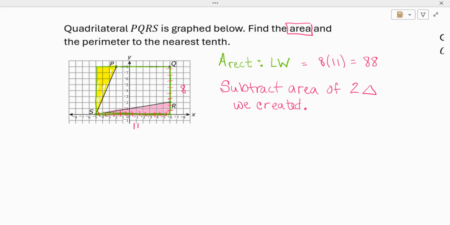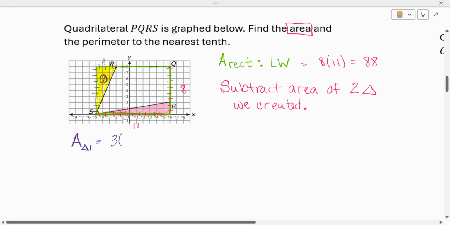So let's figure out the area of the first triangle. So I'm going to say area of triangle number 1, and I'm going to call this triangle number 1. Well, the area of a triangle is the base, 1, 2, 3, times the height, 1, 2, 3, 4, 5, 6, 7, 8.